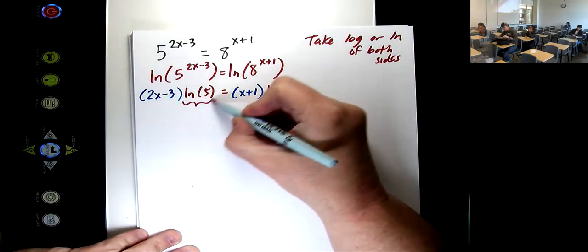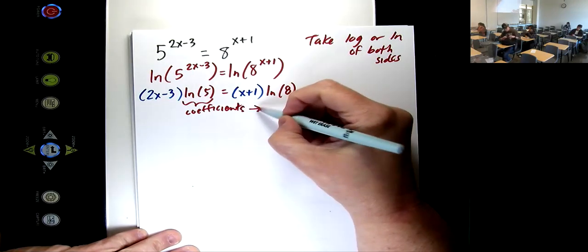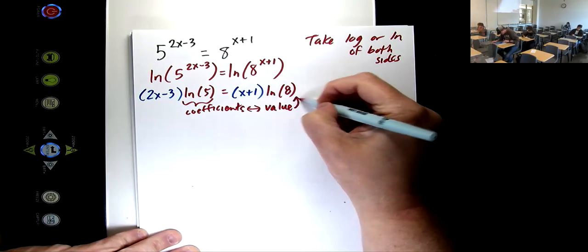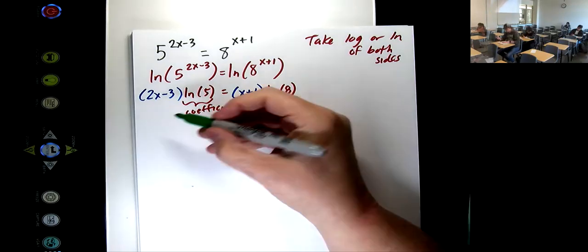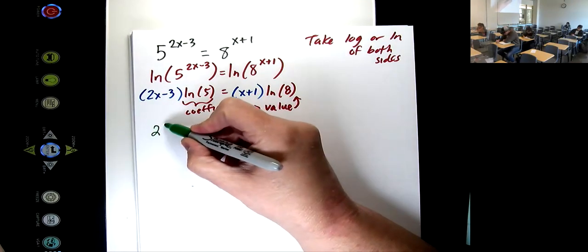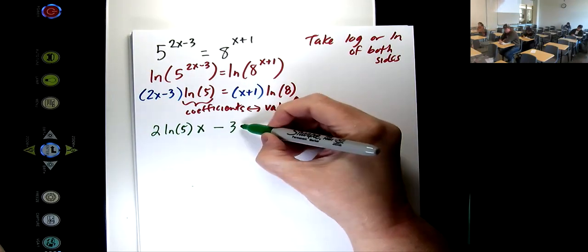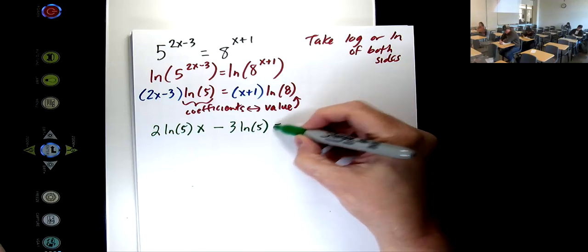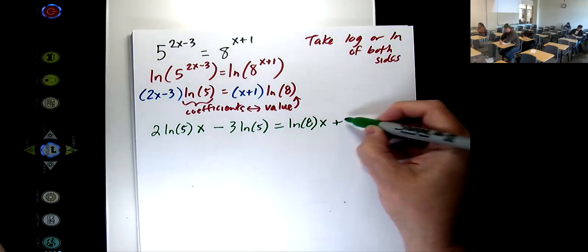So these are like coefficients. These are just numbers, just a value. If I put it into a calculator, it's just a value, which means I can distribute it to everything. I can say 2 times natural log of 5 times x minus 3 times natural log of 5 equals natural log of 8 times x plus natural log of 8.